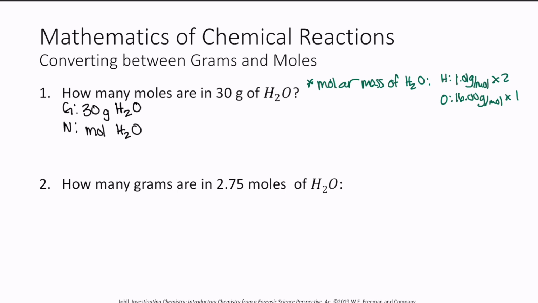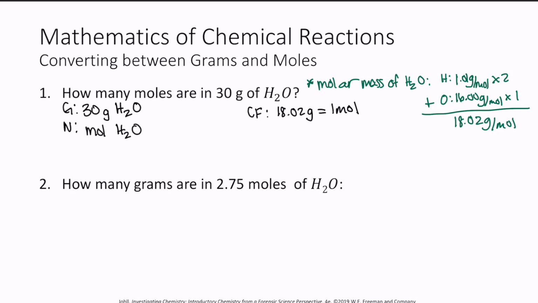So I'm going to take my 1.01 times 2, and then I'm going to add that to my 16.00 to give me 18.02 grams per mole. So the molar mass of water is 18.02 grams per mole, and that is the conversion factor that I'm going to use. Because realize that the 18.02 grams per mole is also an equality. 18.02 grams of water is equal to 1 mole of water.